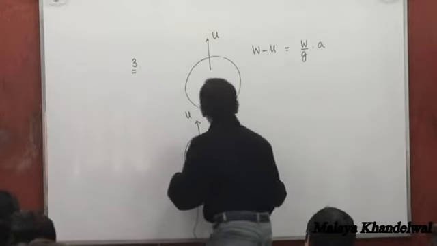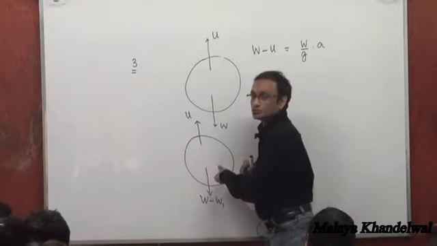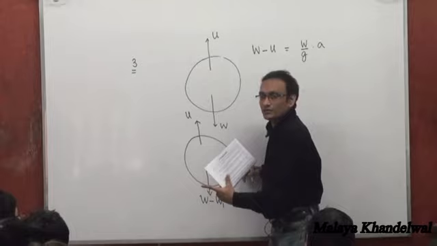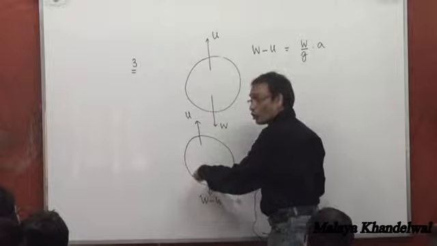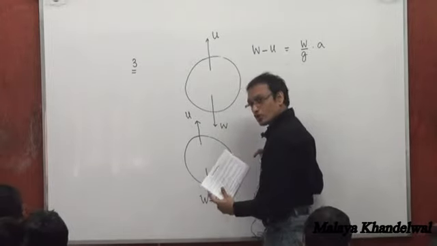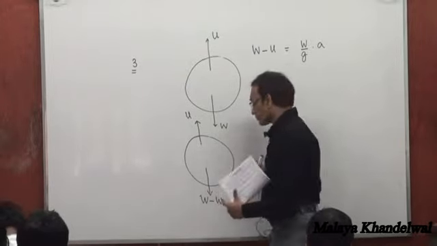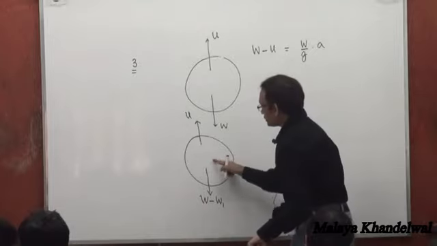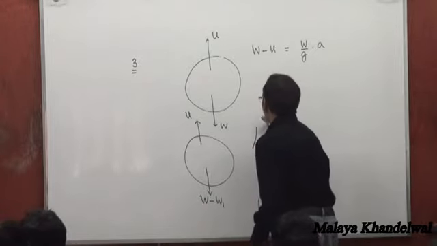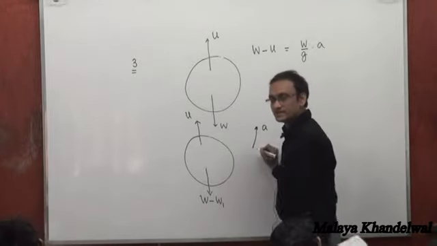Upthrust will only depend on the volume of the fluid displaced. So the volume of the fluid is not changing. Fluid displaced is the same as the volume of the balloon. So upthrust will be the same, right? Now under the influence of these two forces, it has an acceleration A upwards.